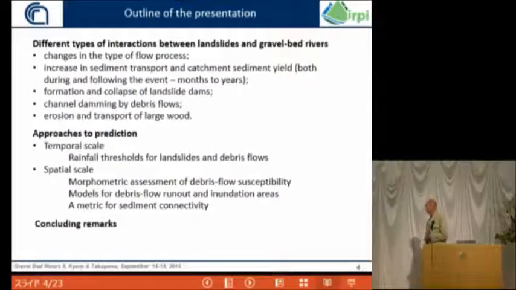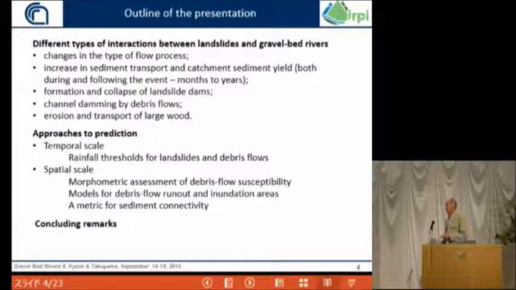The remaining part of my presentation is basically split into two main sections. I will try to provide an overview, probably not exhaustive, of the different types of interaction which encompass changes in the type of flow process. These will focus especially on the small upstream parts of gravel bed rivers: the increase in sediment transport, formation and collapse of landslide dams, channel damming by debris flows, and also the topic of erosion and transport of large wood.